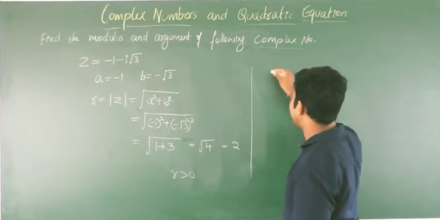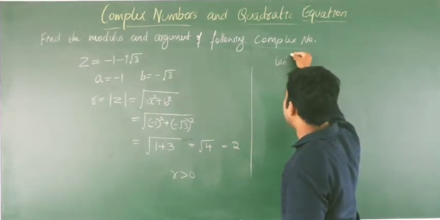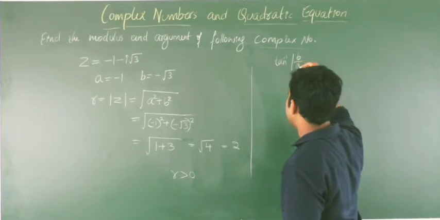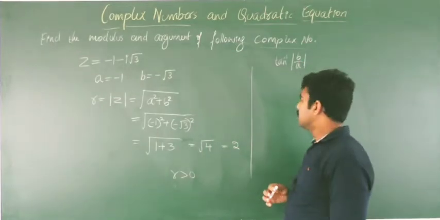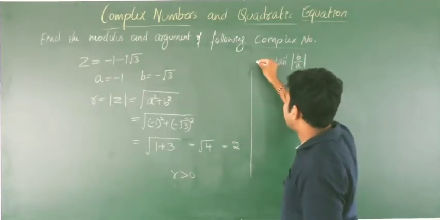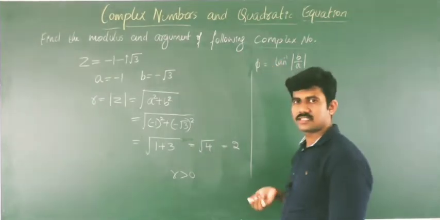First find the value of tan inverse of mod b by a. From this we will get the value of one angle that I will consider as theta.